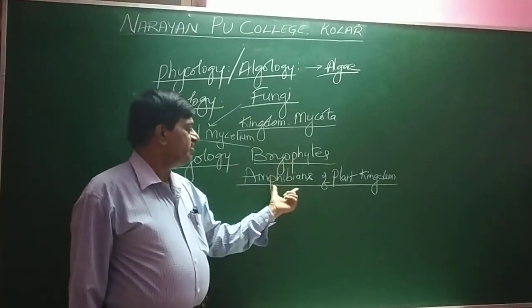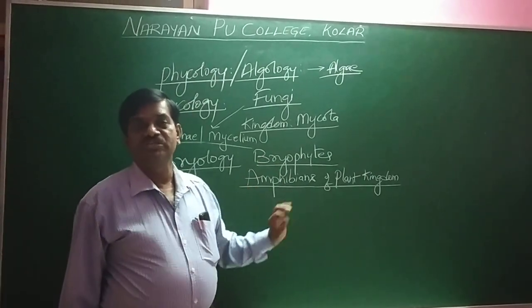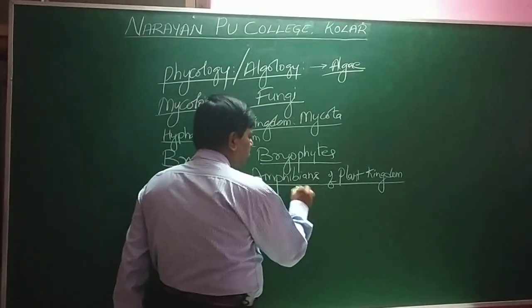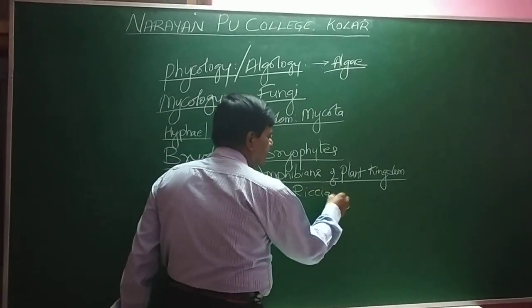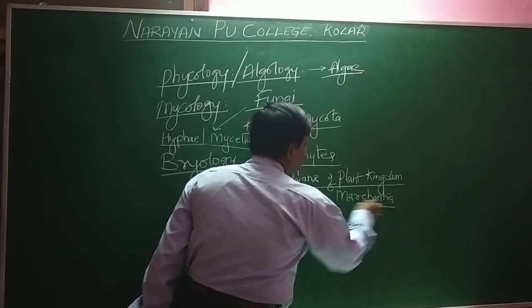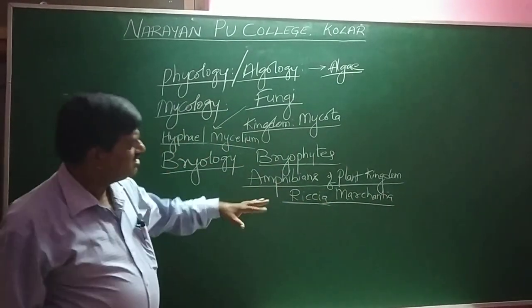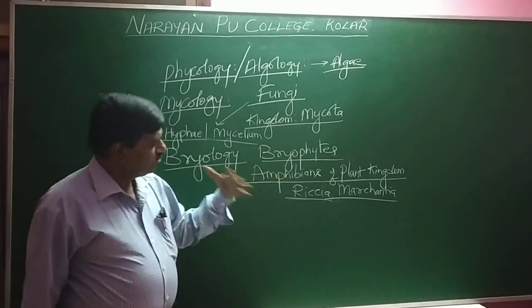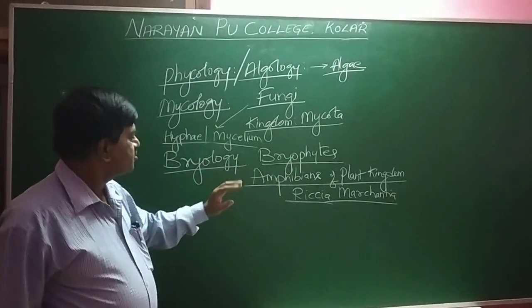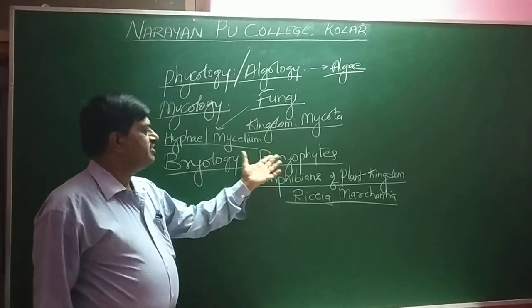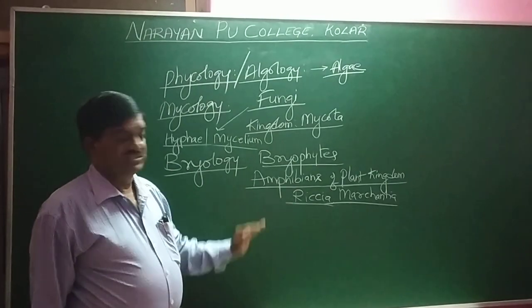Hence bryophytes are also called amphibians of the plant kingdom. There are many examples: Riccia, Marchantia, Anthoceros, mosses, etc. How they grow in moist soil, we will discuss later on. So bryology deals with the study of bryophytes.